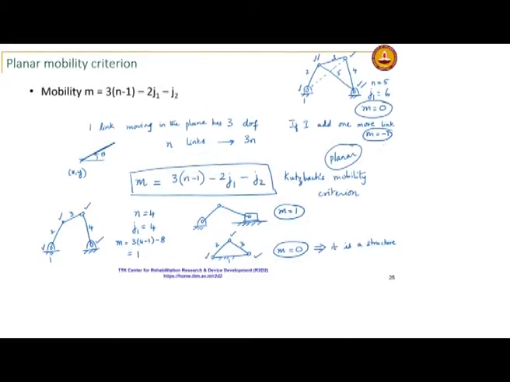So, this indicates that it is a statically indeterminate structure. So, mobility greater than 1 implies it is a mechanism, mobility equal to 0 implies it is a structure, mobility less than 0 implies it is a statically indeterminate structure.